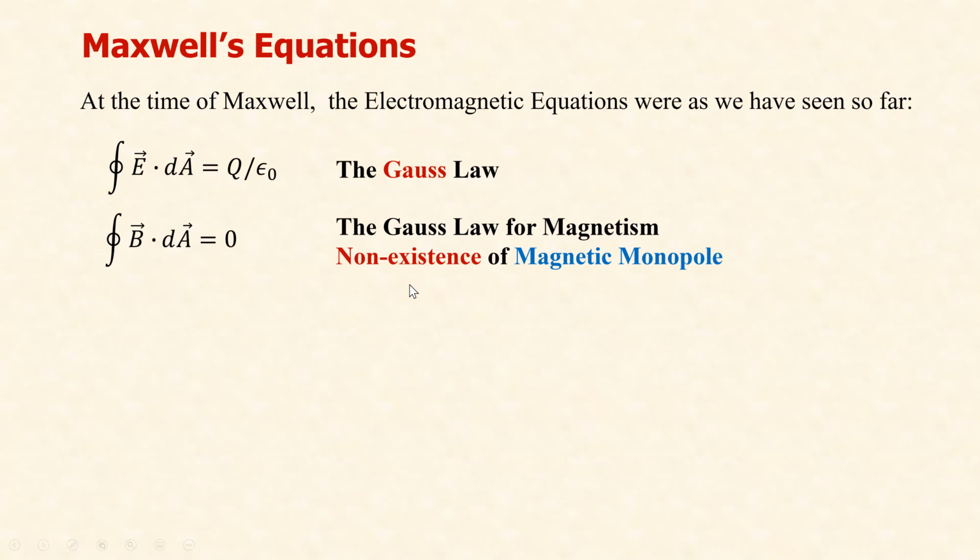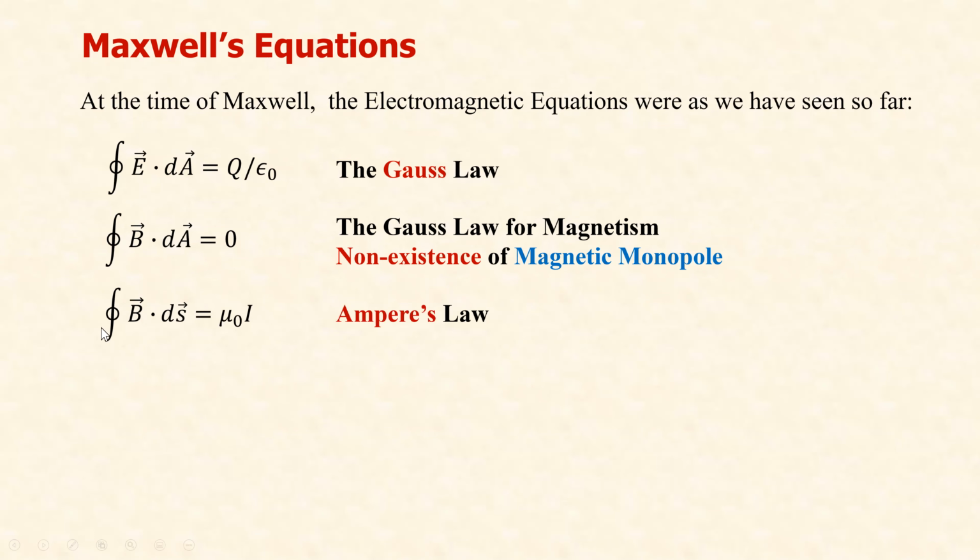That's Gauss law. And then we have Gauss law for magnetic field, but this side is zero because we don't have magnetic monopole. If there was a magnetic monopole, this would be here. But this is actually given as the evidence that there is no magnetic monopole as far as we know.